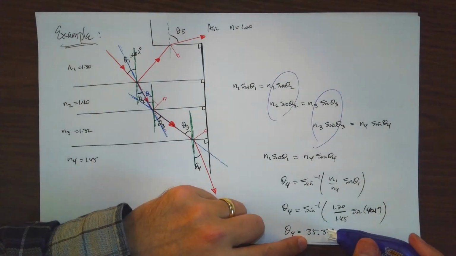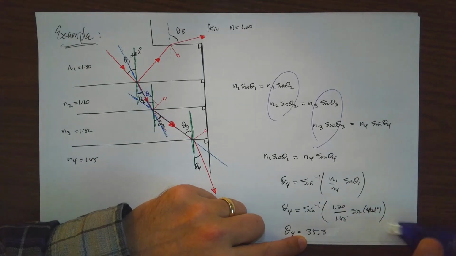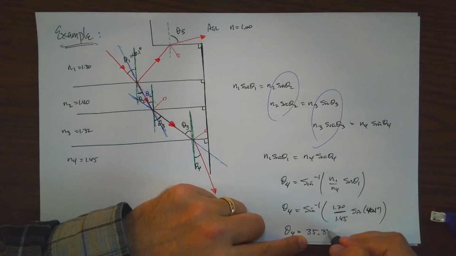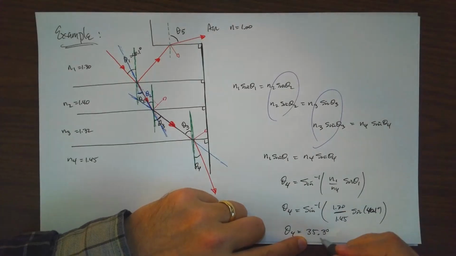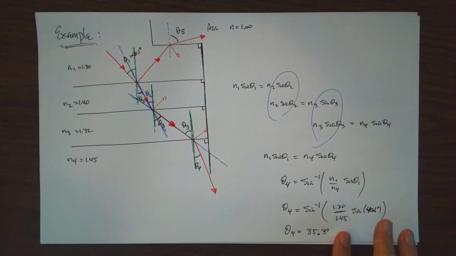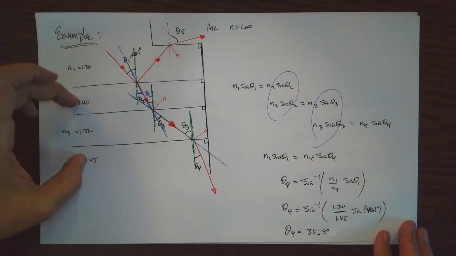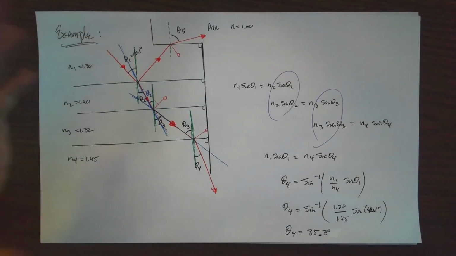I only see 3 digits, so we'll go with 35.3. Sounds good. And I don't think I'll need this one for a second calculation or anything like that. So there we go. So again, with parallel slabs, technically the middle ones you don't need.